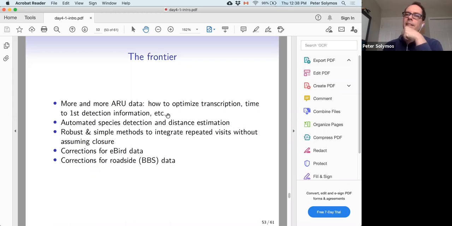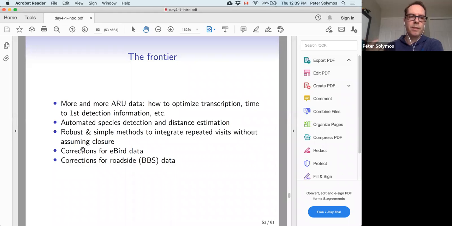It's not quite clear yet what to do there, but maybe in 10 years in a similar workshop, I'll be able to tell you. And also eBird data as it just keeps increasing and it's globally available.